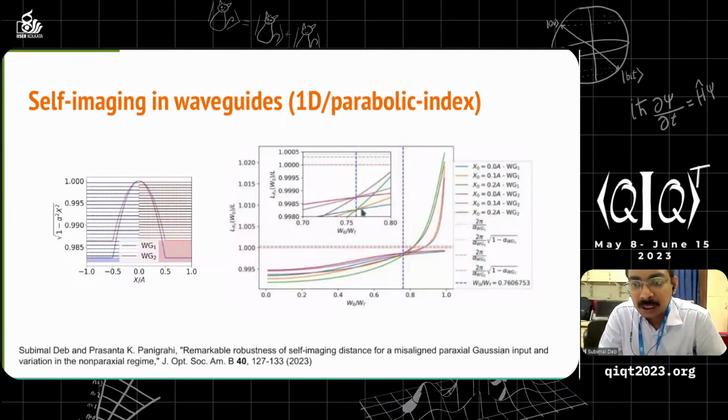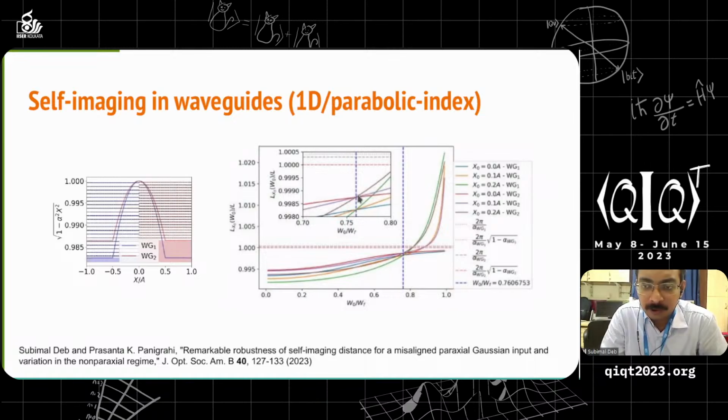This, which we can call the magic width, is quite different from the self-imaging distance. The difference is clear in this graph, but when it comes to actual measurements, the difference is about a few microns.